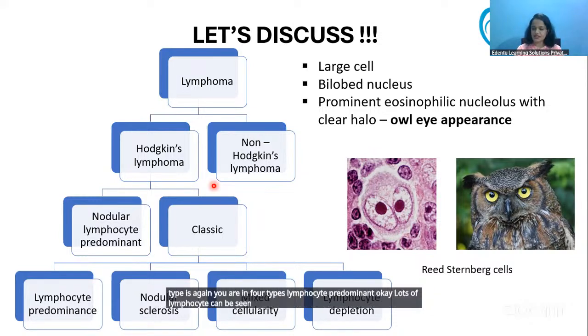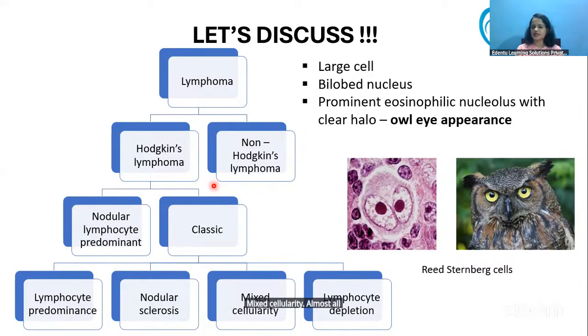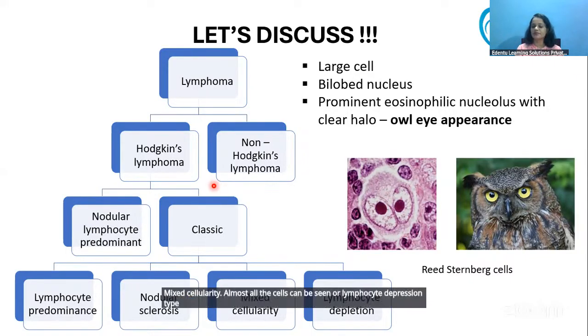Nodular sclerosis, where in between the lymphocytes you will see fibrosed structures. Mixed cellularity, where almost all the cells can be seen. Or lymphocyte depletion type, where very few lymphocytes are seen, and this is the most lethal form of Hodgkin's lymphoma.